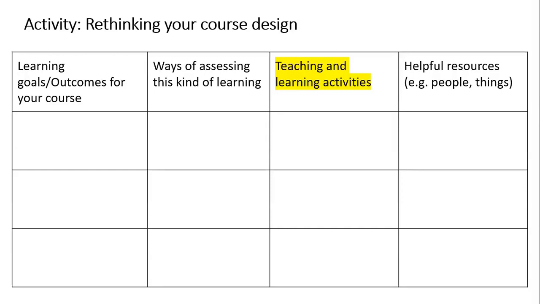The one that I really want us to think about is teaching and learning. So just thinking about your learning outcomes or goals, what you want students to achieve at the end of the day, you outline the teaching and learning activity that you would give the students, and also think about the resources that students may need here.